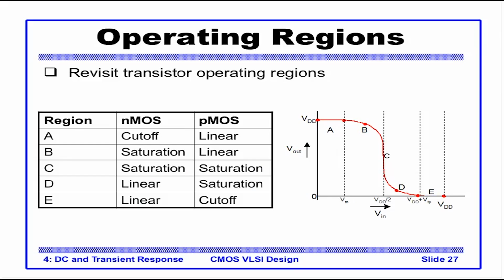So a very important thing to remember is that in static state, whenever the pull down or the NMOS is in cutoff, the corresponding PMOS will be in linear region. Region E, the reverse: PMOS is in cutoff, NMOS is in linear. So either NMOS or PMOS during the switching will go from cutoff to saturation to linear.